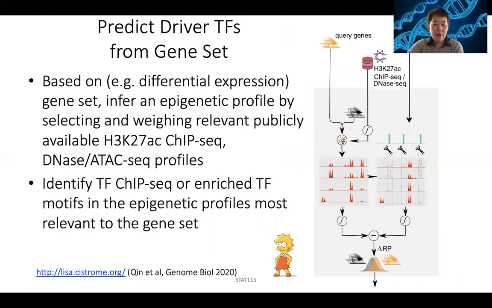Okay, and so with that, we might go a little bit over, I hope it's okay with you guys. I also want to mention another algorithm that's developed in my group. It's called ELISA. It basically predicts potential driver transcription factors from any gene sets that you're interested in.